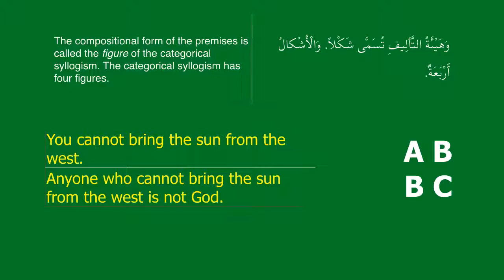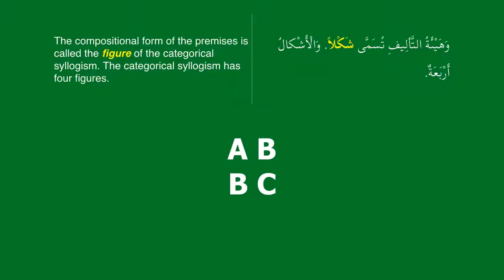So what's a figure? He says that the compositional form of the premises in a categorical syllogism is called the figure of the categorical syllogism. So what's the compositional form? It's the abstract way. You look abstractly at how the various terms of the premises are being composed.